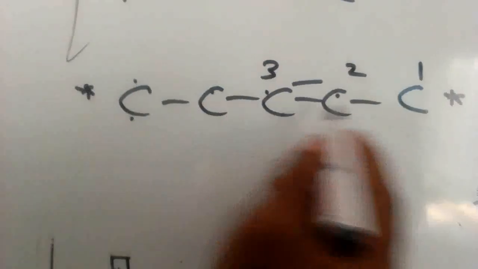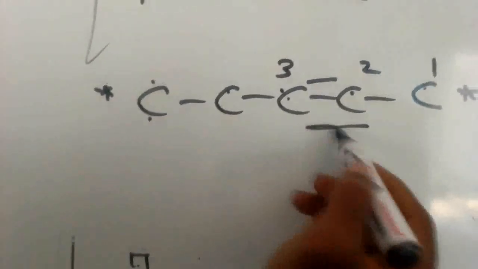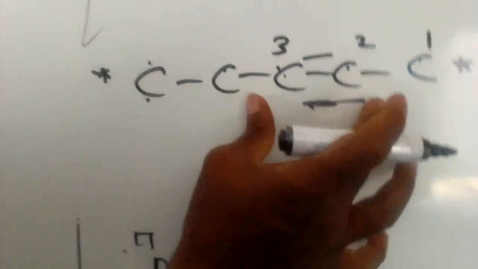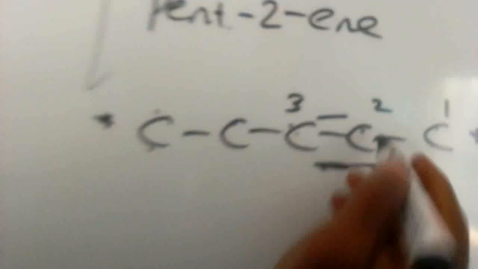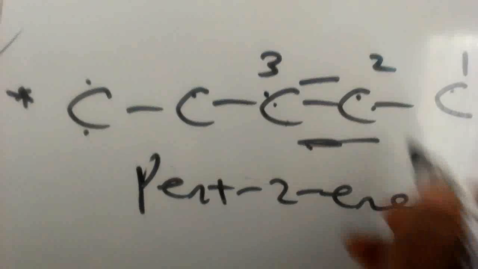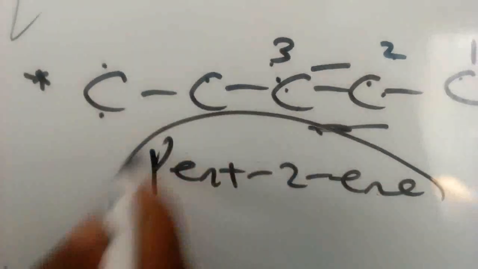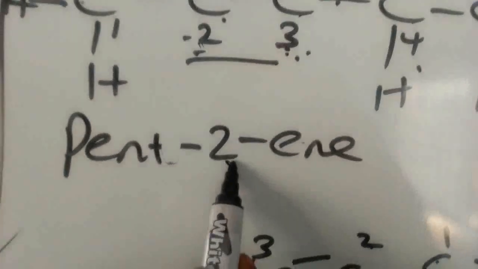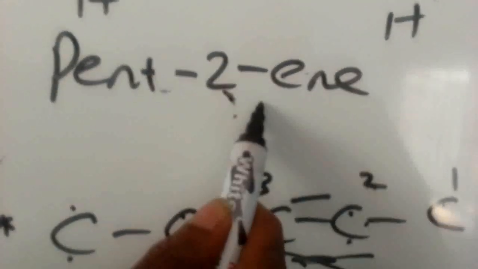Smaller numbering is preferable in IUPAC nomenclature. So this compound is pent-2-ene. Take the smaller number. So the name for this compound is the same as the one we drew above. You see the same thing.